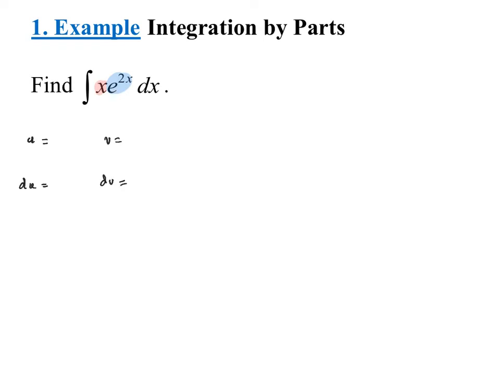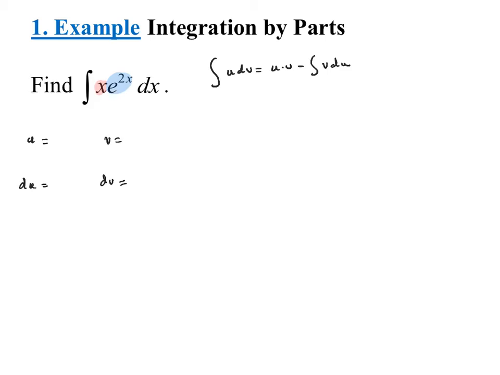Okay? So what we have to do is pick which one of these is u, which one do we want to take the derivative of, and which one of these is dv. Because if you remember, integration by parts is the integral of u dv equals u times v minus the integral of v du. So we're starting off with one of these is u and one of these is dv.